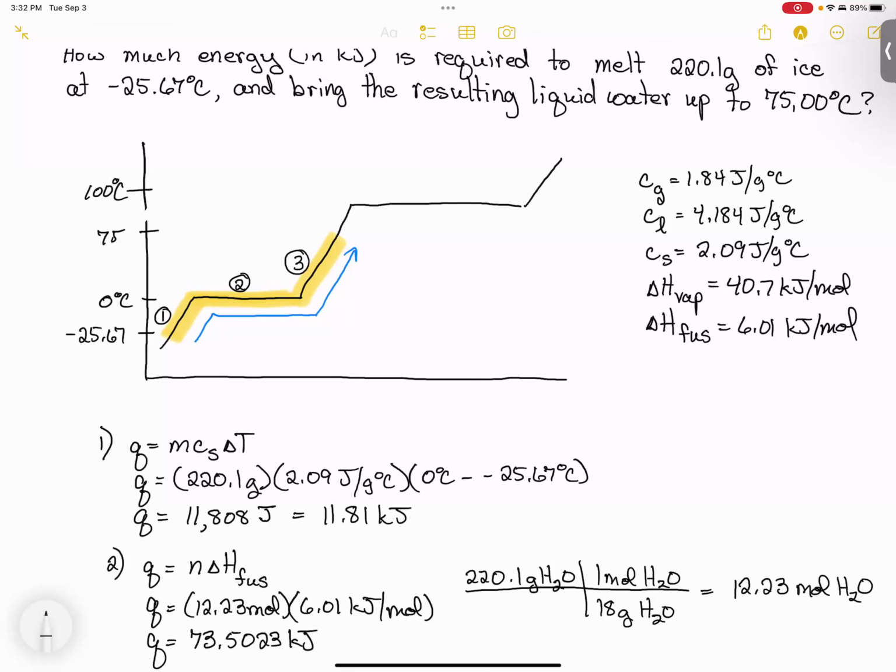If I said you're converting it to a gas at 100 degrees, then yes, you would use the delta H of vaporization. But if I just said you're converting it to a liquid at 100 degrees, then you would not, because the delta H of vaporization is when you're going from the liquid into the gas phase.